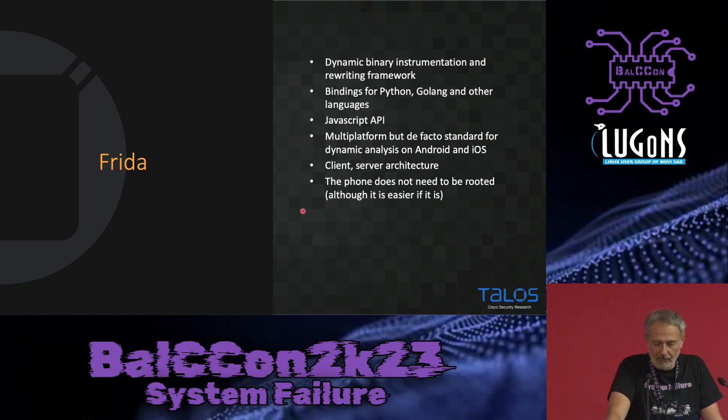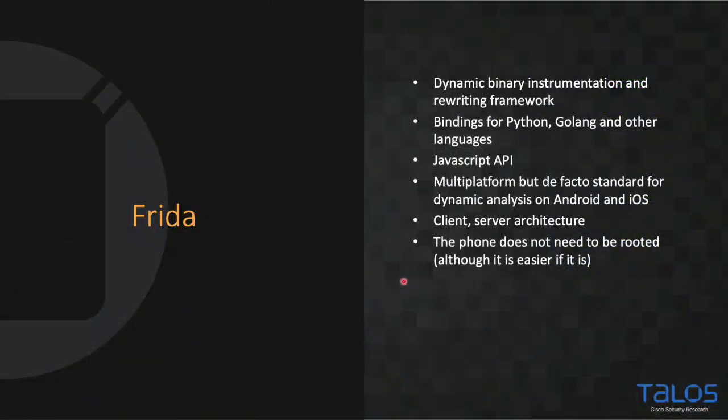Frida has existed for maybe 10 years, a little bit less than 10 years, and it's a very powerful tool for dynamic binary instrumentation. It's similar to PIN or DynamoRIO, which have a much longer development cycle. With Frida, you use JavaScript, which for me was a big no-no.